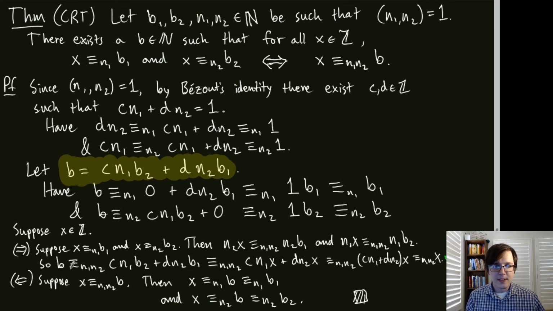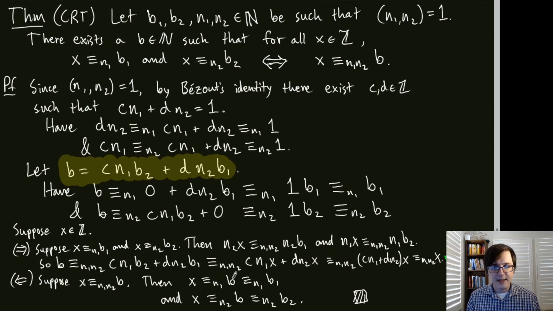Okay, now let's prove the converse. So we suppose that x is congruent to b modulo n1n2. Then we can check that x is congruent modulo n1 to b because it's congruent modulo this number that is divisible by n1, so we can reduce it further.